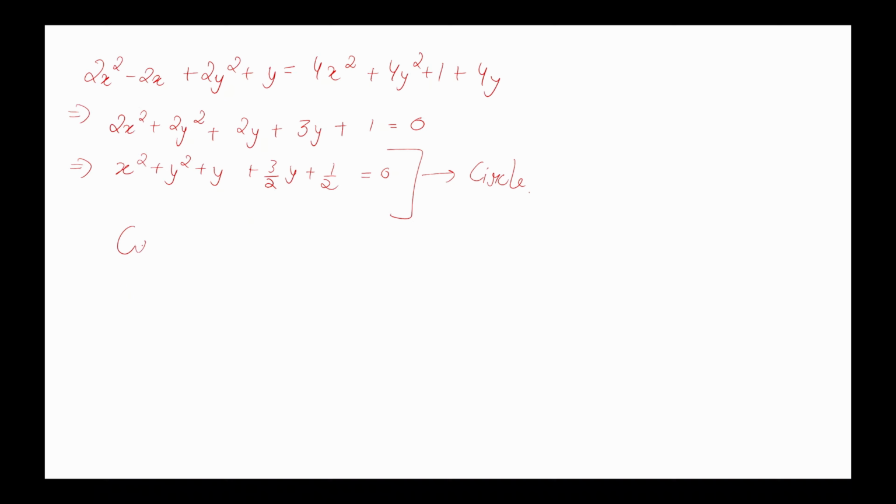So what is going to be the center of this circle? The center of this circle would become minus g comma minus f. Sorry, this is not y, this is x here. This is 2x, so this would become x simply. So what is my g?